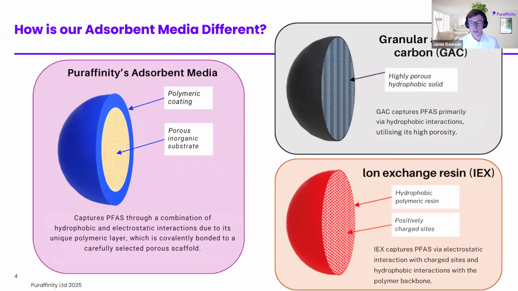We then have ion exchange resins, formed of hydrophobic polymer beads that are charged either positively or negatively, and also work off hydrophobic interactions, with the resins typically at 5 to 10 minutes empty bed contact time.